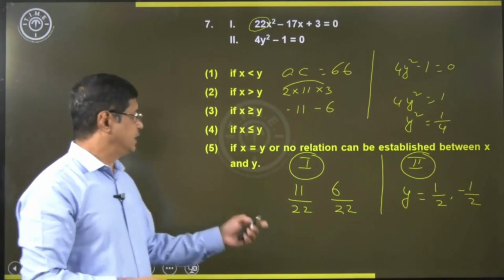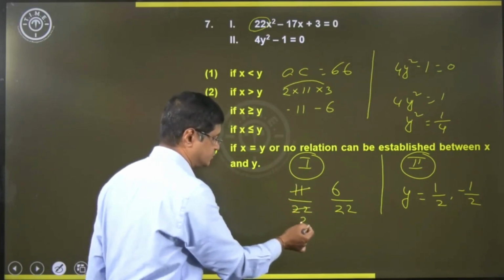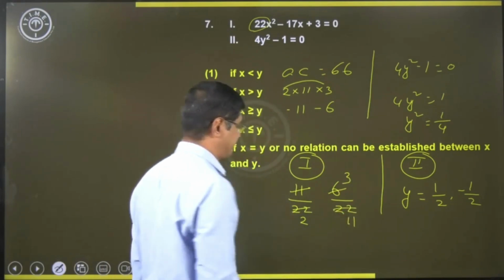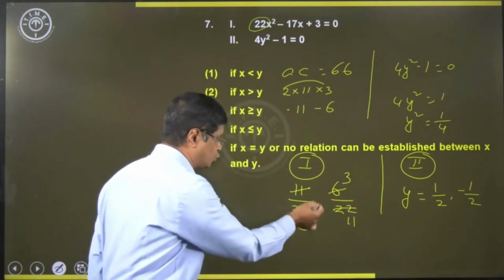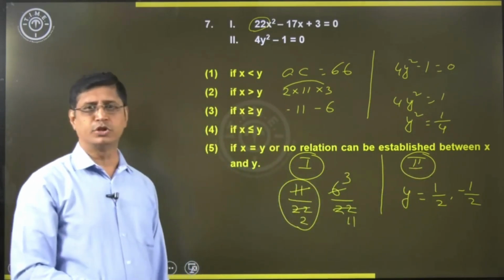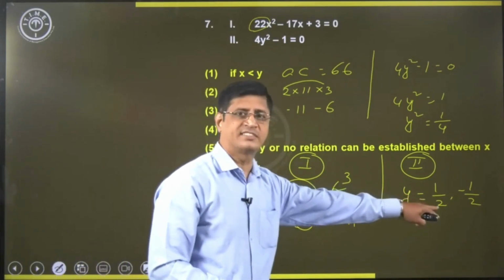Okay. Now just simplify this. 11 goes into 22 exactly 2 times. 2 here goes 3 times, 2 goes 11 times. Now observe the first root of the first quadratic equation in comparison with both the roots of the second quadratic equation. 1 by 2, 1 by 2, both are the same.